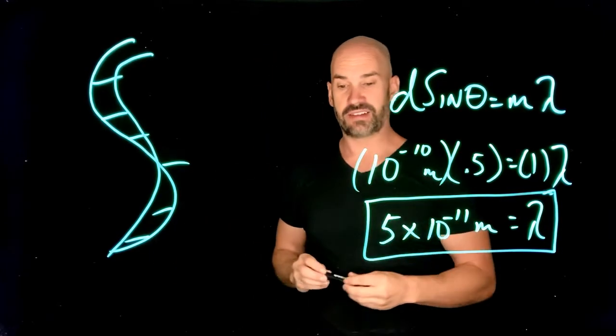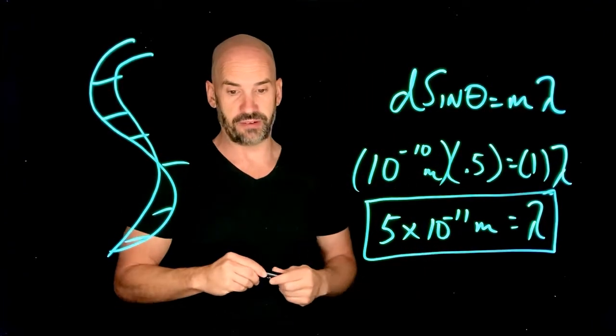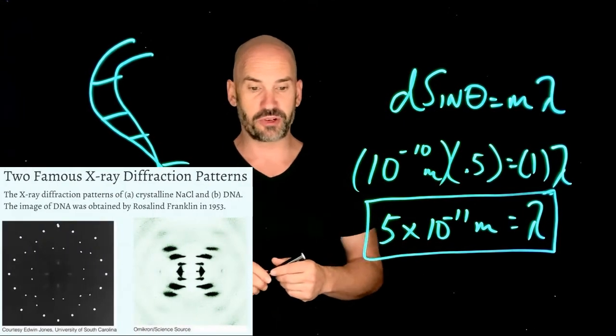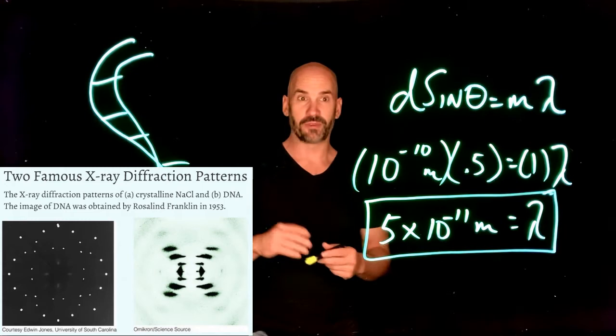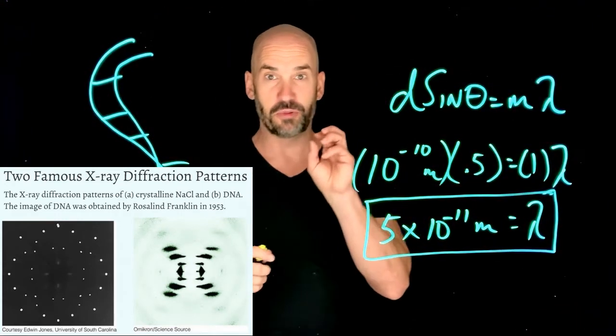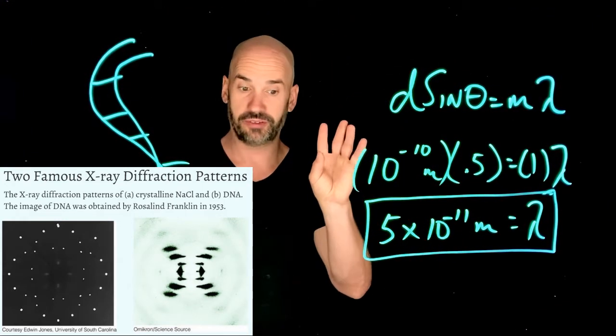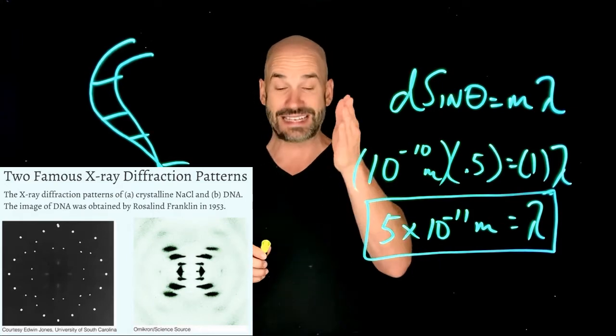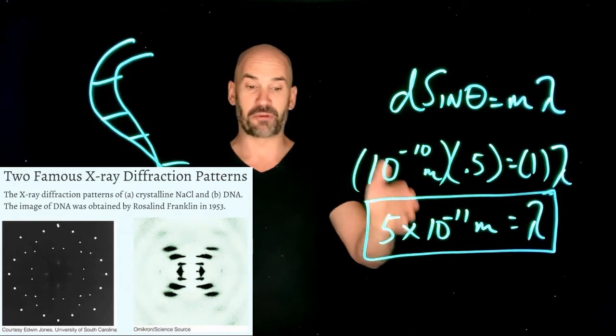And you can see on the slide that says two famous X-ray diffraction patterns, the one on the left is crystalline sodium chloride. That's the pattern that you get when you shoot X-rays through salt. And when you shoot X-rays through DNA, you get the pattern that's on the right.